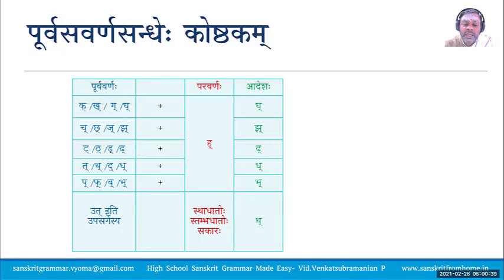The Poorvasavarna of takara is the second letter thakara, and this is also classified under Poorvasavarna Sandhi. Now here the adesha is happening to the paravarna only. In the first case, the adesha is happening for hakara. In the second case, the adesha is happening to the sakara in stha dhatu and stambha dhatu.